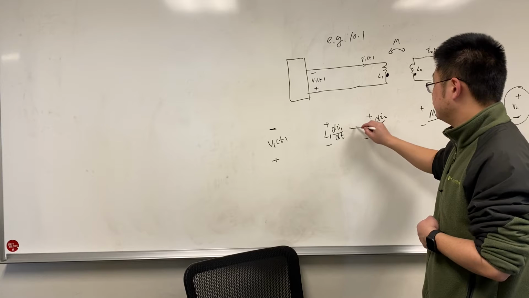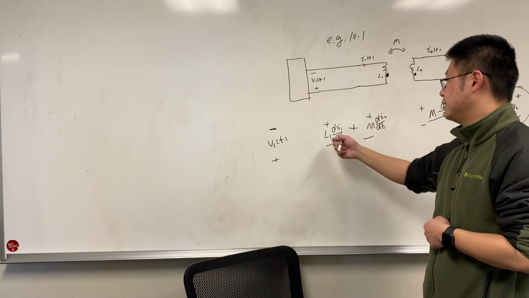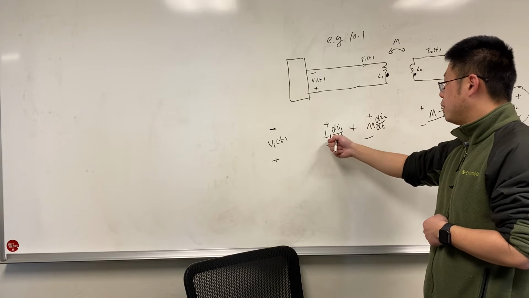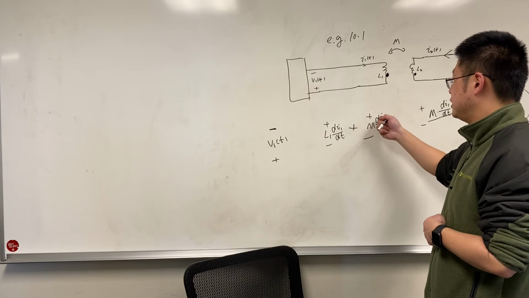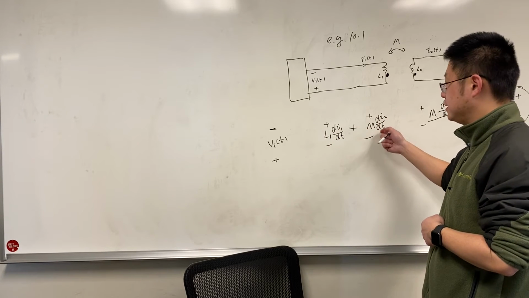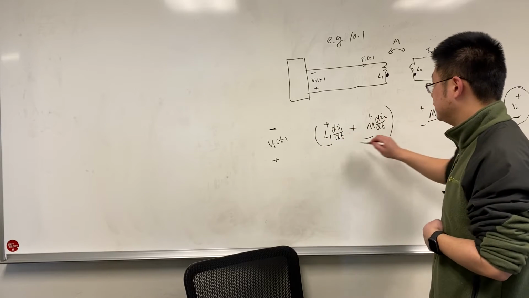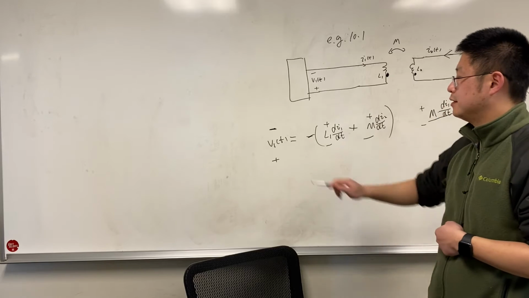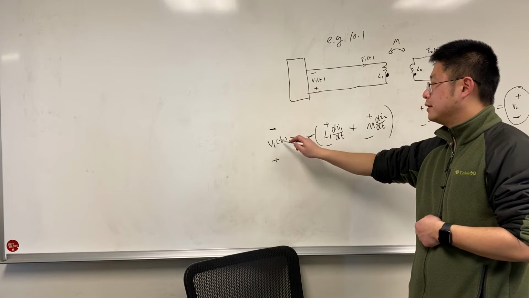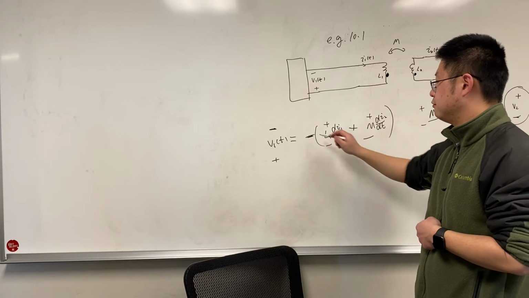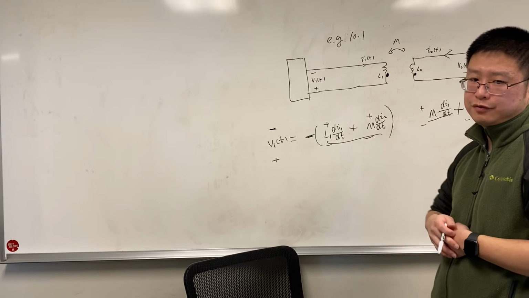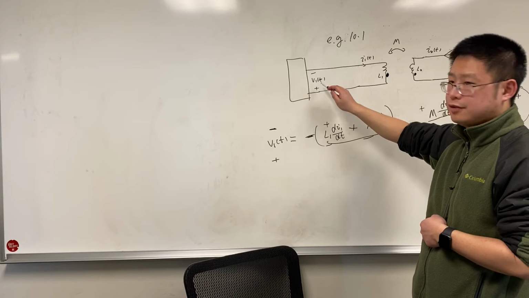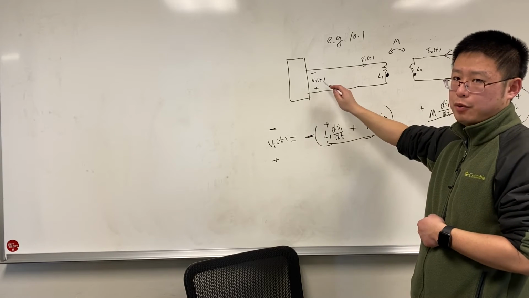So we have L1 di1/dt plus M di2/dt, and we take the negative sign. So V1 equals the negative of the sum of these two. This is because of the reference direction selection of V1.